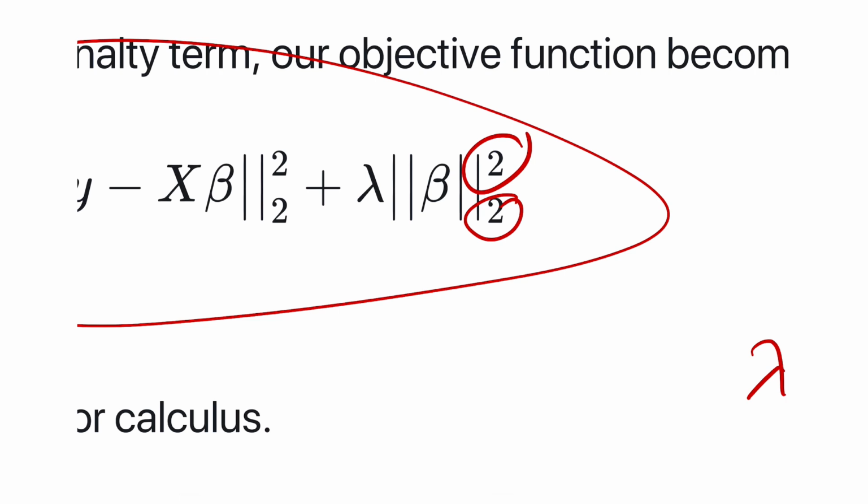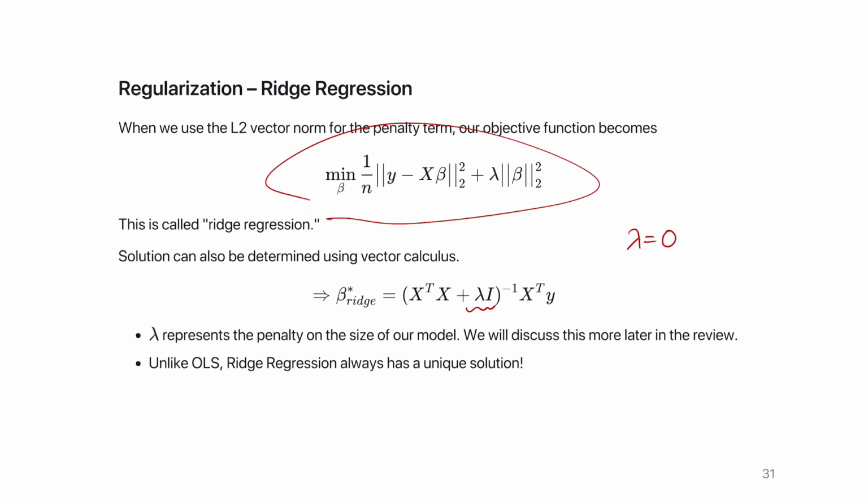Essentially, pretend beta is a vector that looks something like beta 1, beta 2, dot dot dot, beta p. Let's just say we have p features. What this means is just beta 1 squared plus beta 2 squared plus dot dot dot plus beta p squared. Does that make sense?